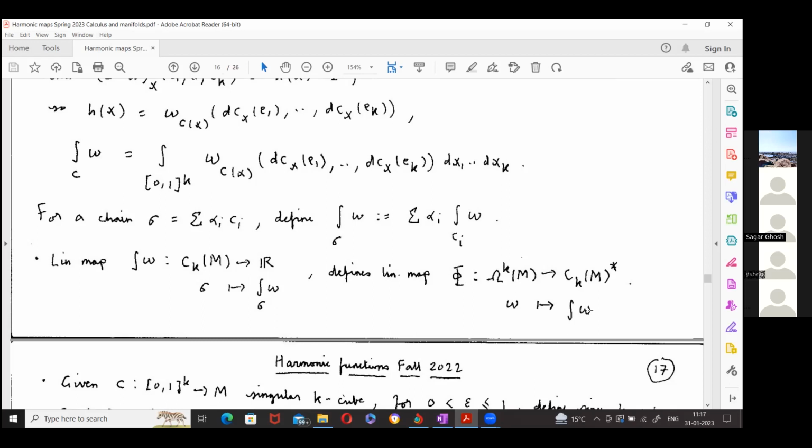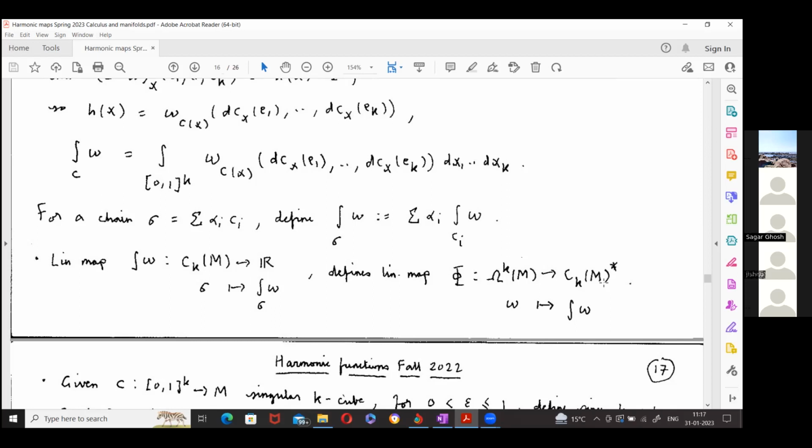Just like in homology, the dual of the space of k-chains is called the space of cochains. So we have a linear map from k-forms to k-cochains. Is this clear? Sir, can you please repeat?